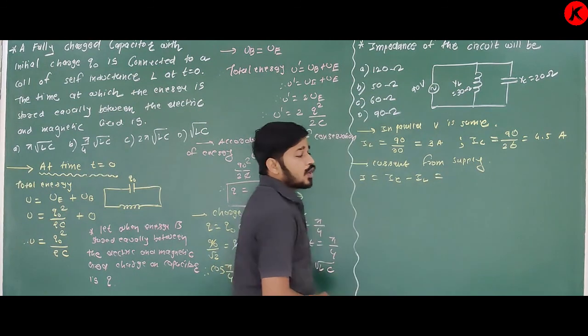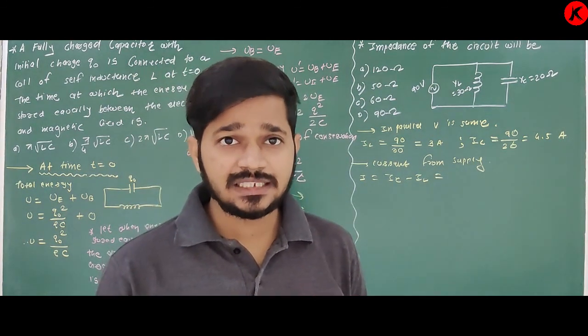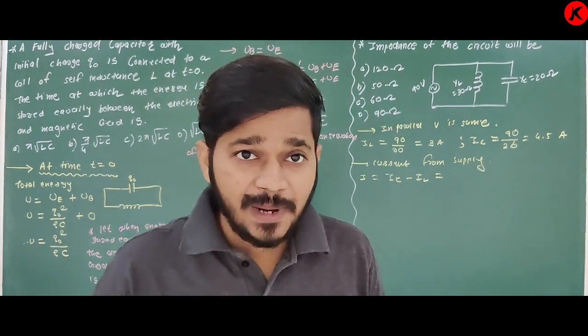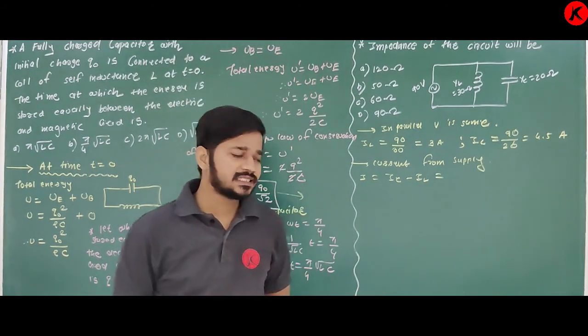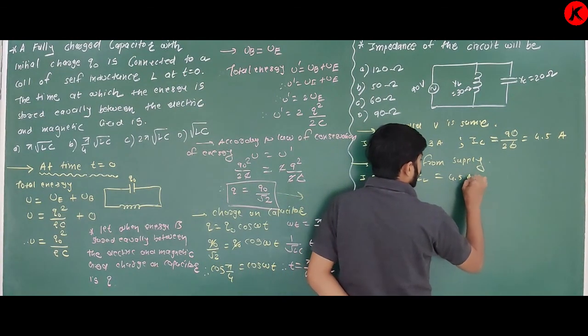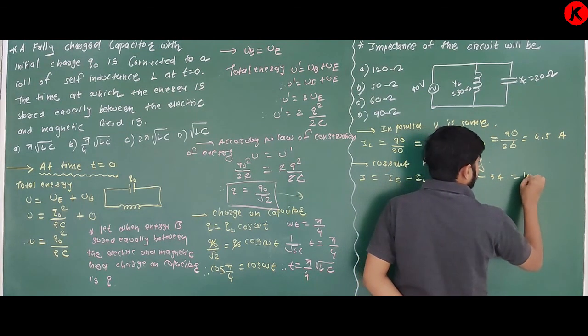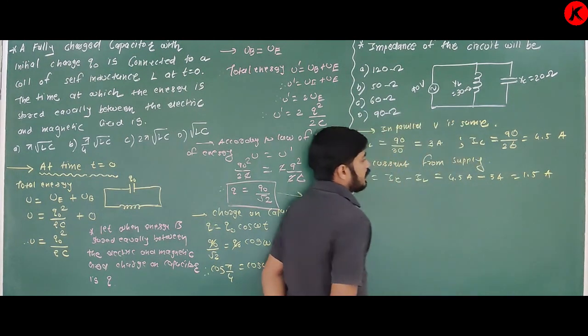Why minus? Because the phasors of IL and IC are in opposite directions for parallel connection. So IC, 4.5 ampere, minus IL, 3 ampere, is equal to 1.5 ampere.